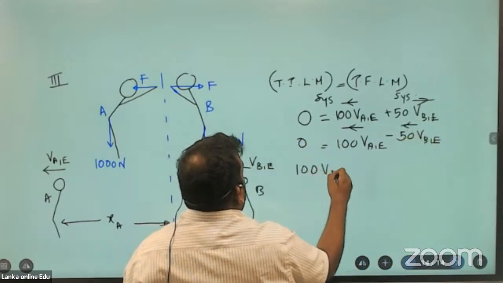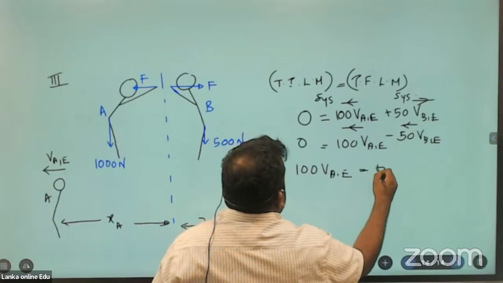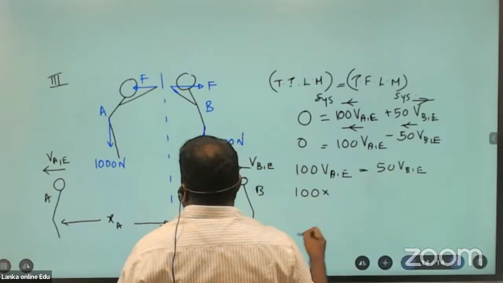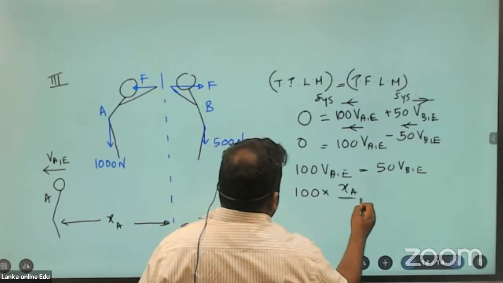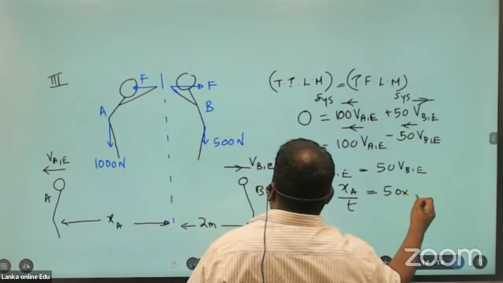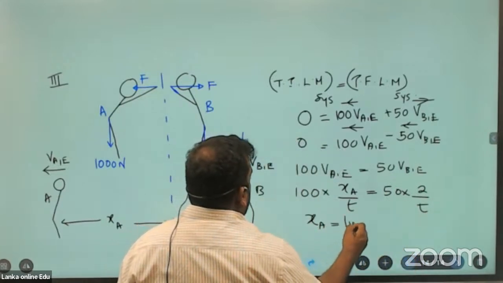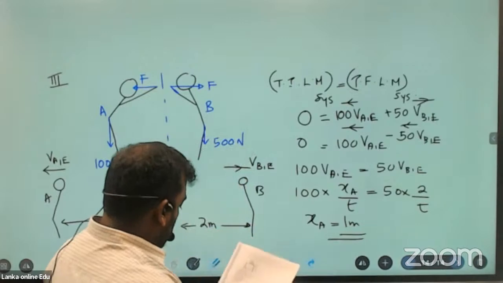Simplify it: 100 v_A,E equals 50 v_B,E. v_A,E is distance of A over the same time, v_B,E is distance over the same time. Distance traveled by A will be 1 meter. Done.